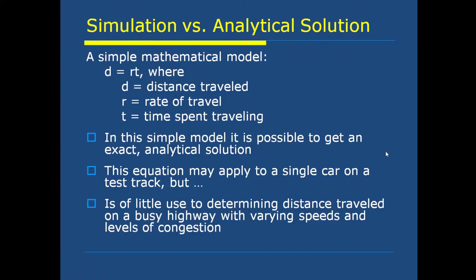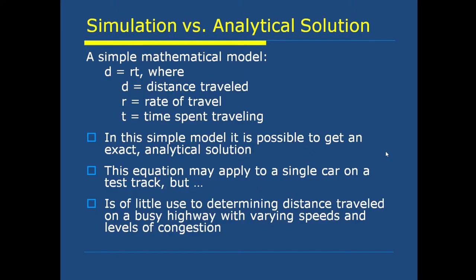For example, we get a simple mathematical model for travel distance, which we can depict using the equation d, distance traveled, equals r, rate of travel, multiplied by t, time spent traveling. In this simple model, it is possible to get an exact analytical solution.